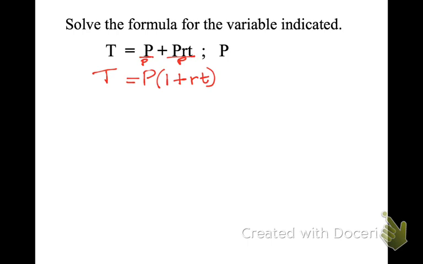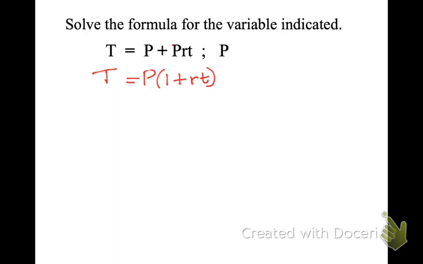Right? Any number divided by itself. When I divide here, I'm left with the RT. But I can't make it disappear. It's got to be here. 1 plus RT doesn't equal that formula. Right? But this entire thing is equivalent. This is equivalent to this. Does that make sense, Rami?